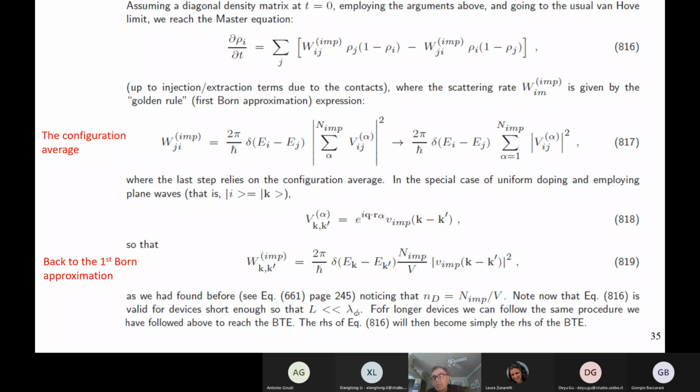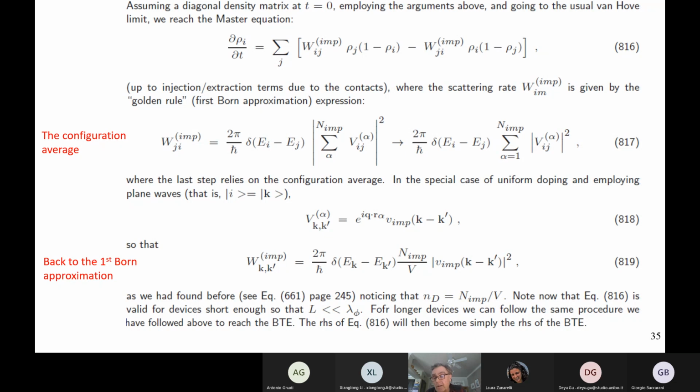Indeed, in a small sample, you have some phase cancellation, but not particularly strong. If the sample gets very big, then you begin to have phases coming from very many impurities, more and more as the sample size grows. And these phases are now so many that they cancel each other. If the sample is sufficiently small, then you don't get this phase cancellation.